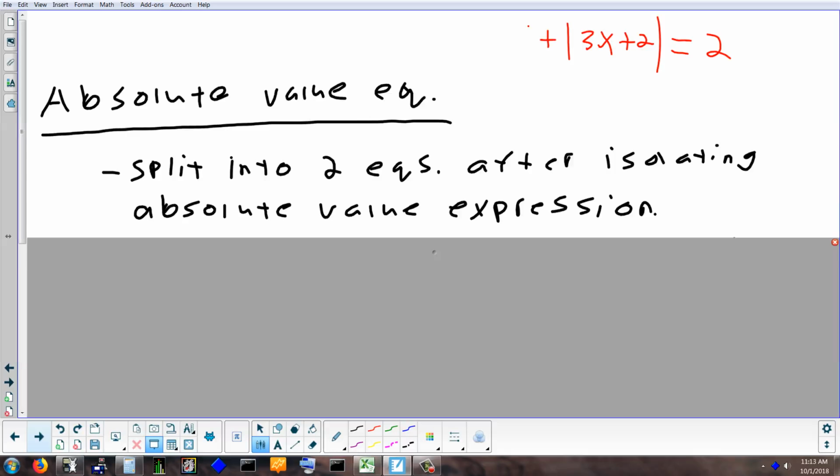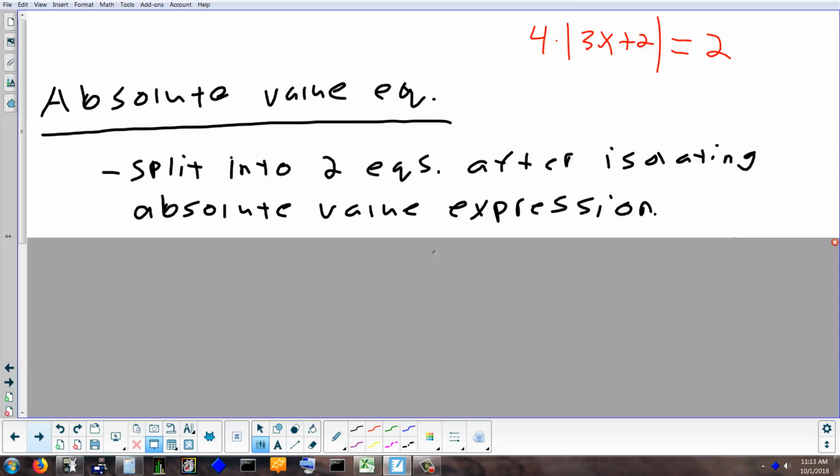Here's an example where the absolute value is not by itself. First thing I would have to do here is subtract 6 from both sides. Okay? Or if I had something like 4 times the absolute value, I would have to divide each side by 4.